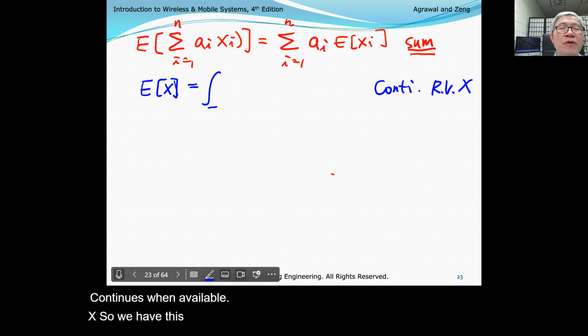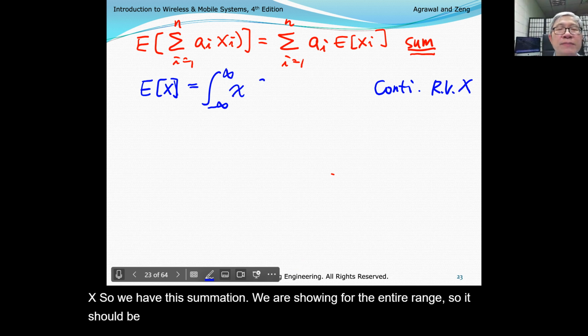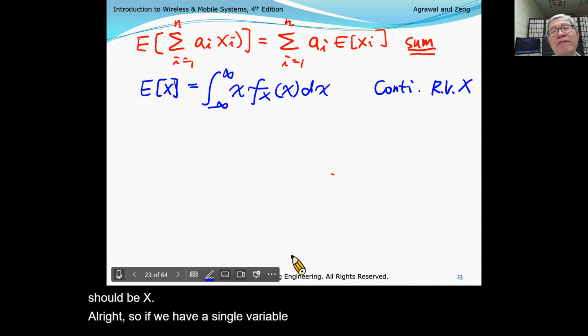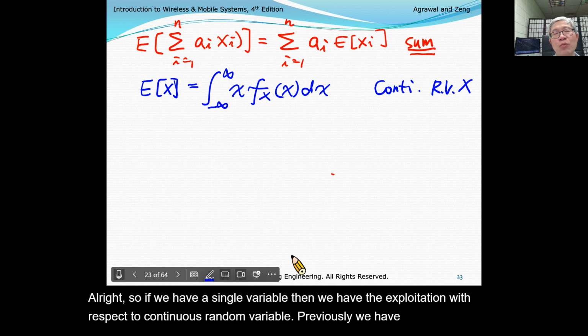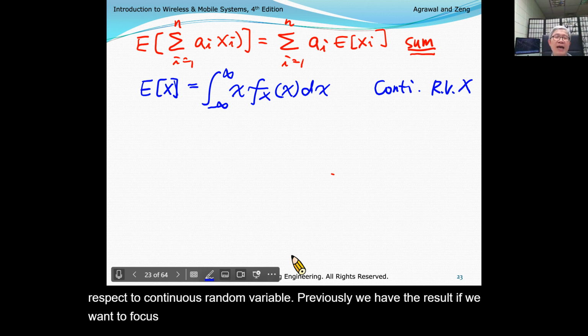Summation we assume for the entire range. So if we have a single variable, then we have the expectation with respect to a continuous random variable. Previously, we have the result if we want to focus on the expectation for a single random variable.